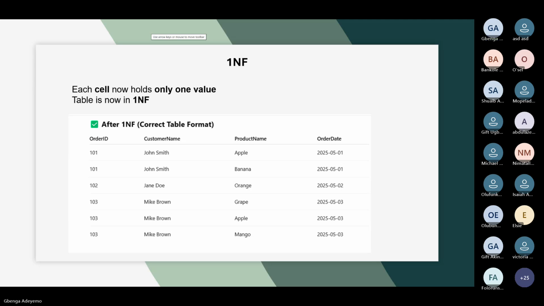Now, the rule of 2NF is that for the non-key attributes, we make sure that we remove what is called partial dependency. For example, course name, which is a non-key attribute, is depending on course ID and is not depending on student ID, right? That is partial dependency.